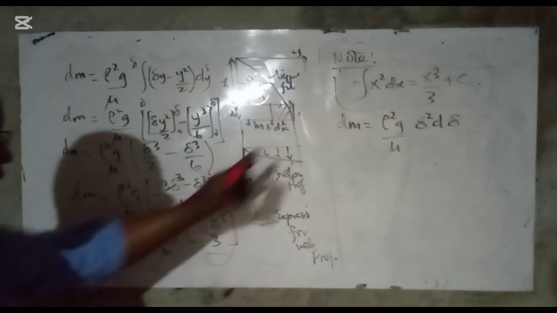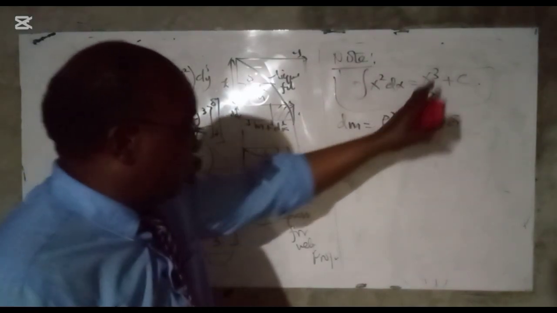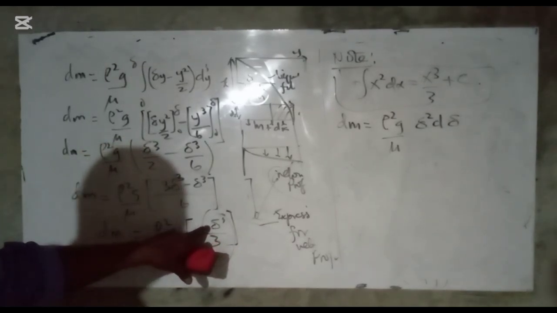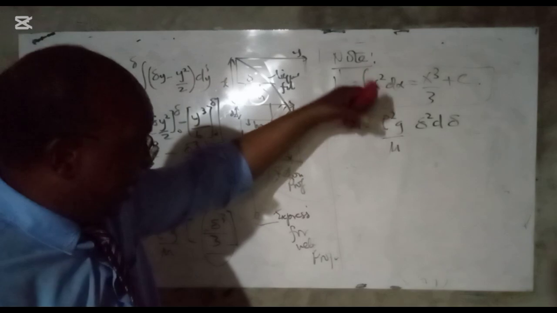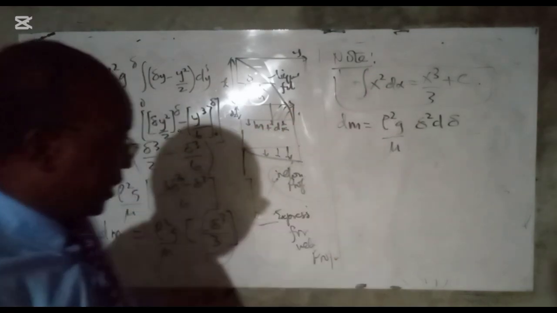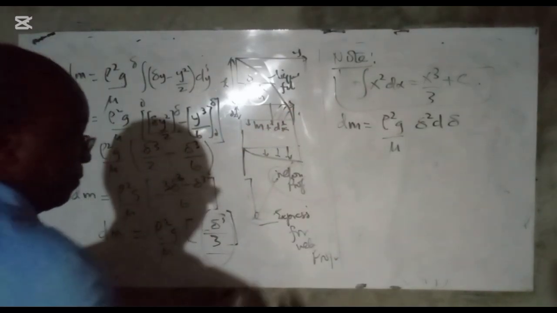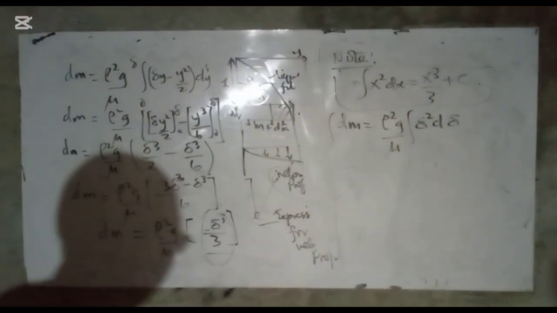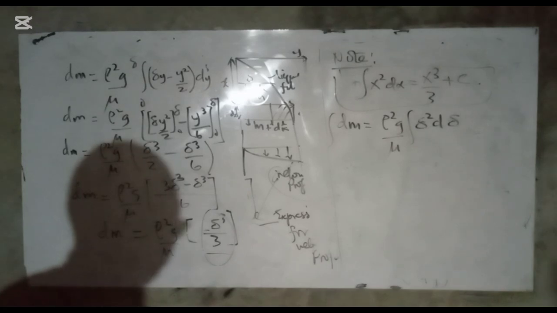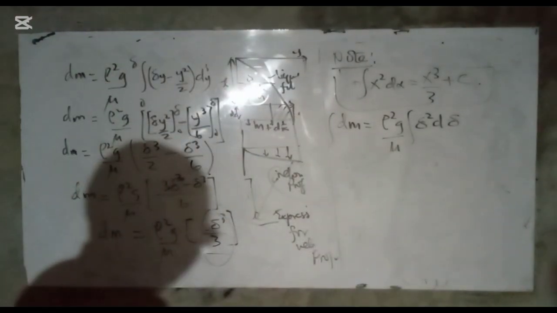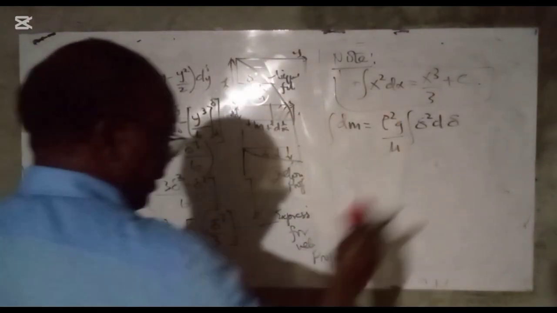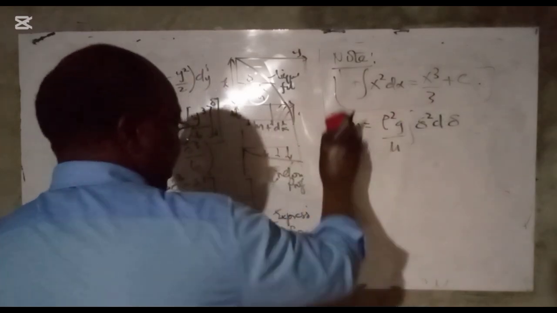Don't forget, I've just used the identity here. If you integrate that, you get x cubed over 3. So replace your x with sigma. So I can replace that and have that now as x squared dx when I integrate those quantities. I'll have the same expression which we have. It is very important for us to note that that's just an identity which we have used. So let's not be in a hurry to work with it. I'm just showing you that.